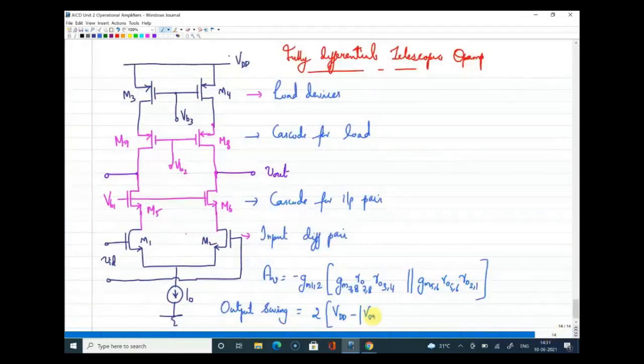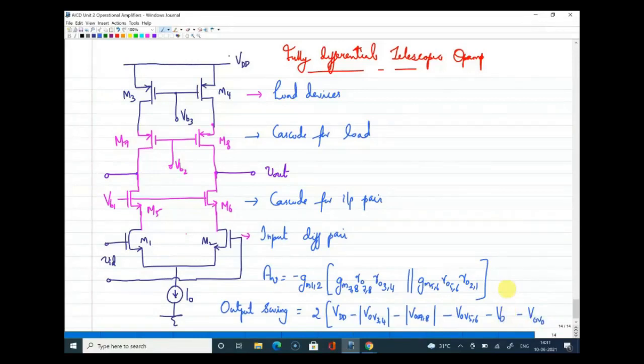So VOV, overdrive of 4. I'm just writing for one side, but it can be for the transistors 3, 4 minus transistors 7, 8 minus VOV of 5, 6 and minus VOV of 1, 2 minus the overdrive of the transistor 0.